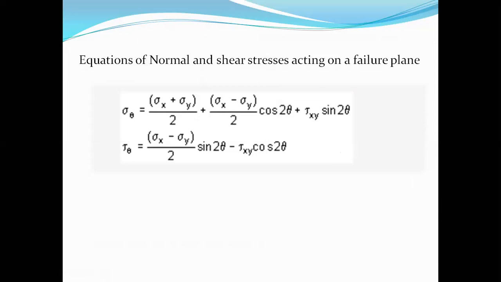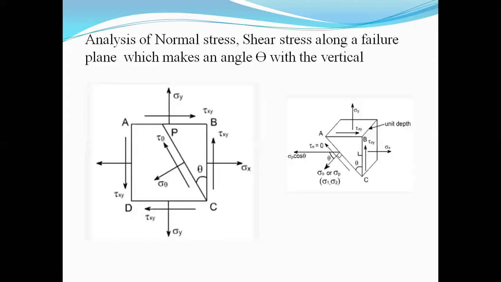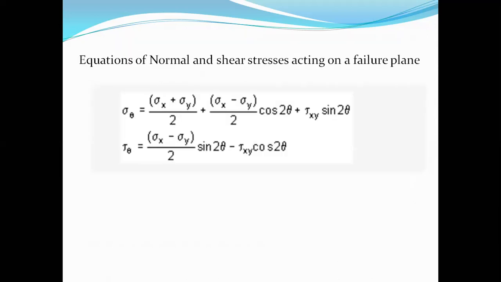Sigma theta, the normal stress acting on the failure plane, is equal to sigma x plus sigma y by 2 plus sigma x minus sigma y by 2 into cos 2 theta plus tau xy into sin 2 theta.